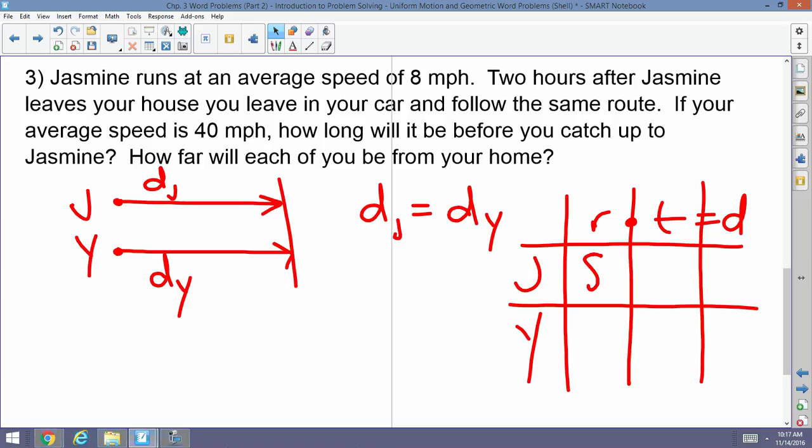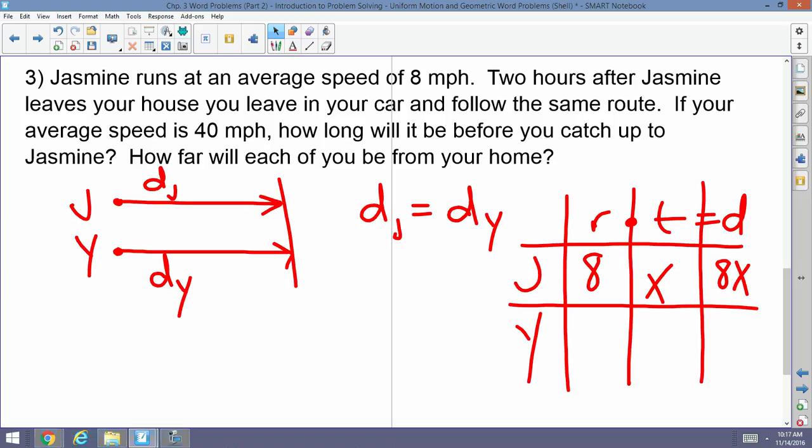Now, do we know how long she travels for? We do not know how long she's running for. She's running for x. So what's the distance that Jasmine ran then? 8x. Very good.